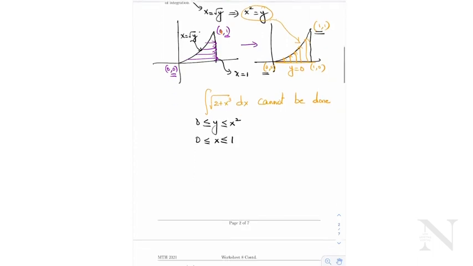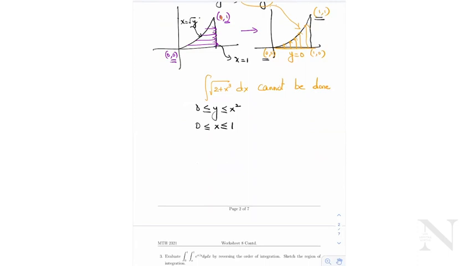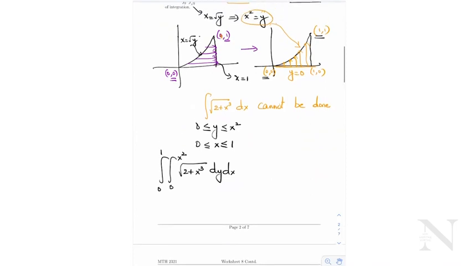Okay. So now the double integral becomes integral from 0 to 1, and 0 to x squared, of the function 2 plus x to the power of 3, dy dx. Okay, that's why we are doing this. It's not dx dy anymore.